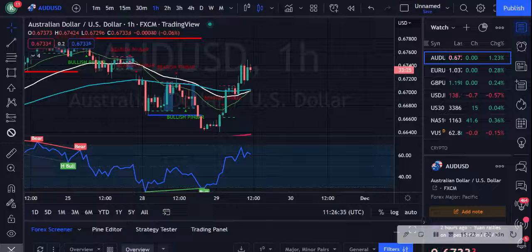Like what I did with US 30, drop it all the way down to 5 and trade with the trend on that 5 minutes. You can literally catch quite a lot with almost zero drawdown, because firstly, you're trading with the trend, and number two, you follow the rules of your trading strategy, right?